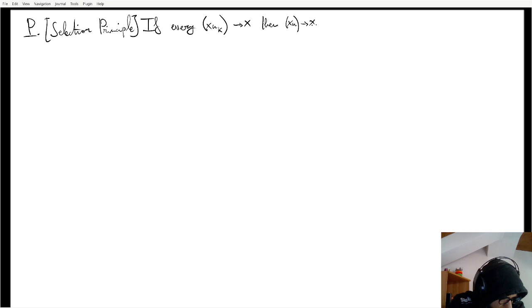So if the sequence xn is bounded, and every convergent subsequence has the same limit x, then the sequence converges to x.